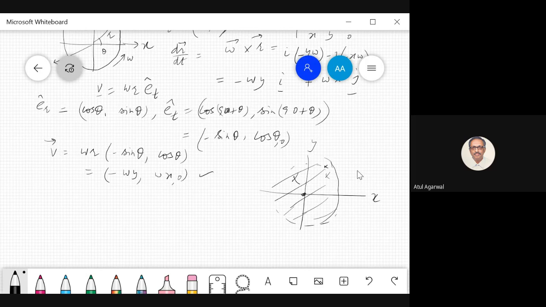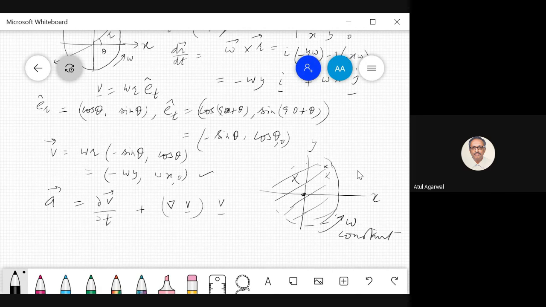Suppose this is going around with a constant angular velocity omega. So it is not a function of time. So this velocity is not a function of time. So how do you find acceleration? I use this expression derived before.